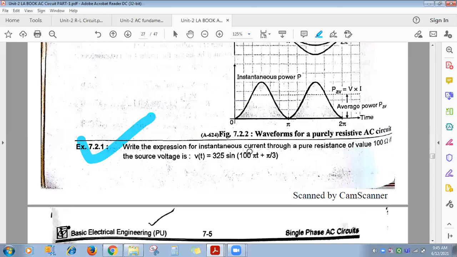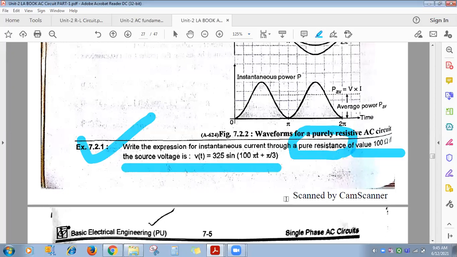Write the expression for instantaneous current through pure resistance of value 100 ohm if the voltage source is V of t equal to 325 sine of 100 pi t plus pi by 3. The voltage equation is not necessarily V of t Vm sine of omega t. It can be Vm sine of omega t plus phi also. But the load is already given to you.